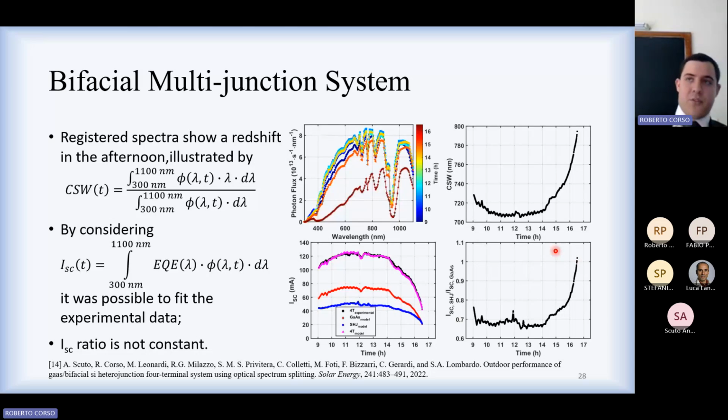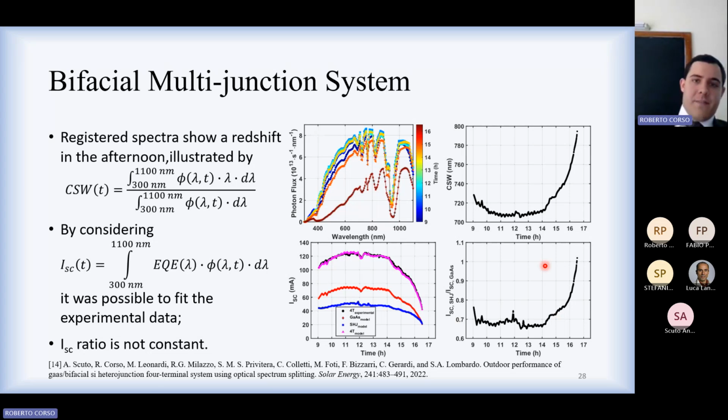This, of course, comes from the fact that each component is suited to a different portion of the solar spectrum. So when we have a higher contribution of infrared wavelength, the current contribution coming from the bifacial silicon cell will increase. What is the, let's say, main consequence of this fact?